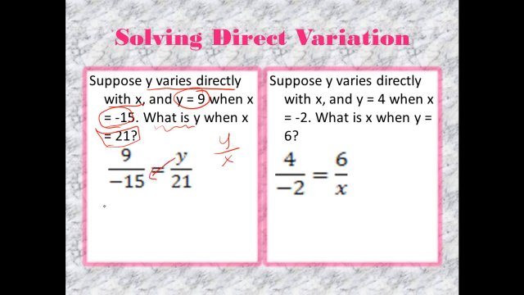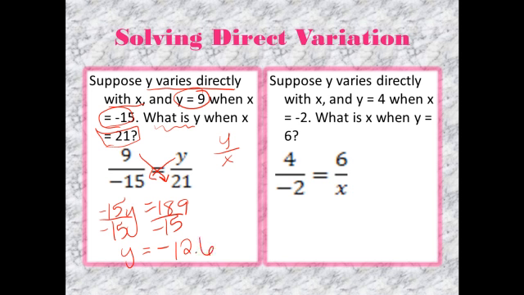Y times negative 15 becomes negative 15y equals 9 times 21 becomes 189. We divide by negative 15 to find that y equals negative 12.6.